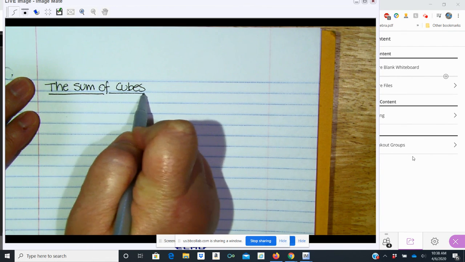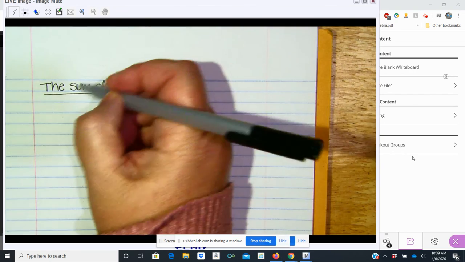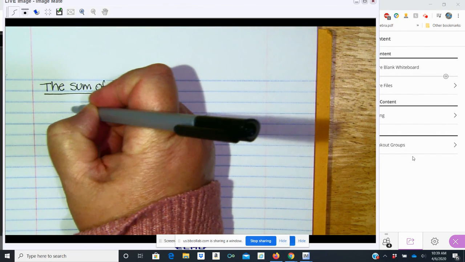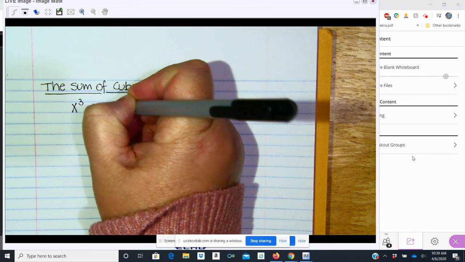The first situation we want you to be familiar with is something called the sum of two cubes, or the sum of cubes. And the sum of cubes is a pattern where you have a cube added to a second perfect cube.